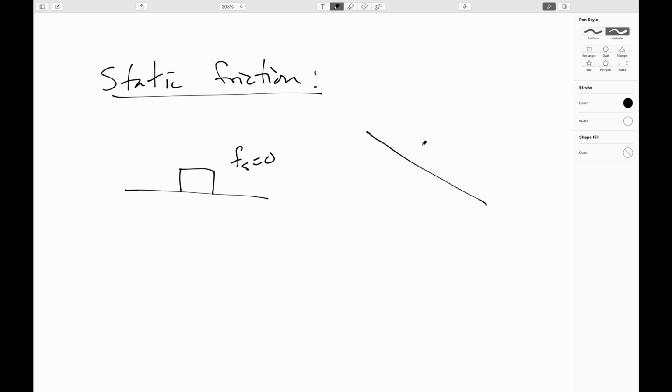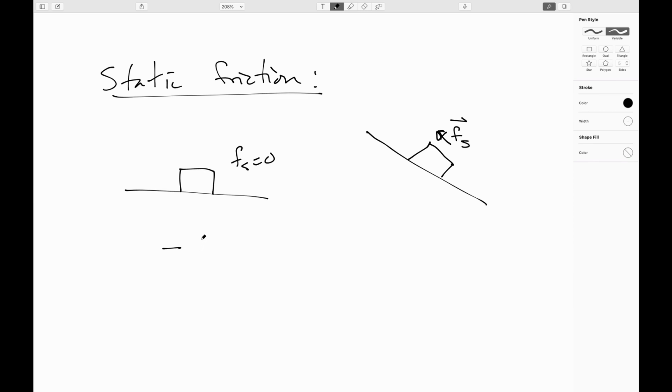But now let's think about, let's say we have a crate that is stationary on a ramp. Well, here we know that there's a force of gravity trying to make the crate go down the ramp. So this means that there does need to be a force of static friction to keep it from moving. And in general, to figure out how big the force of static friction is, you have to know one of two things.